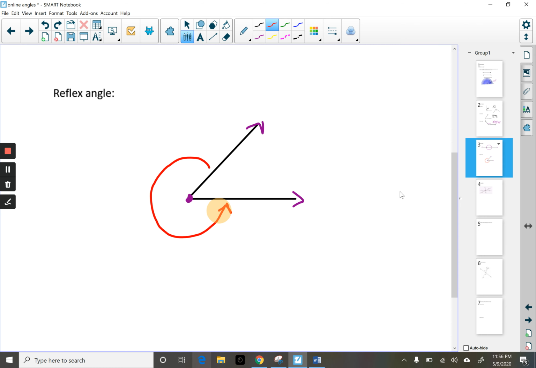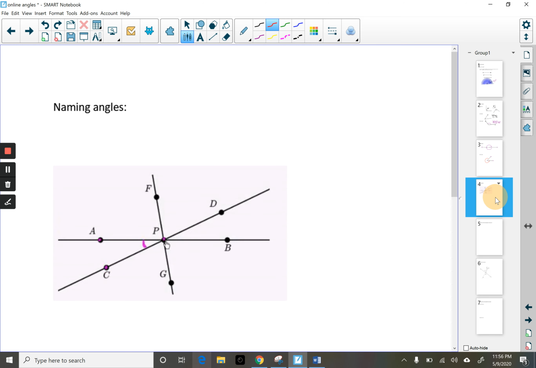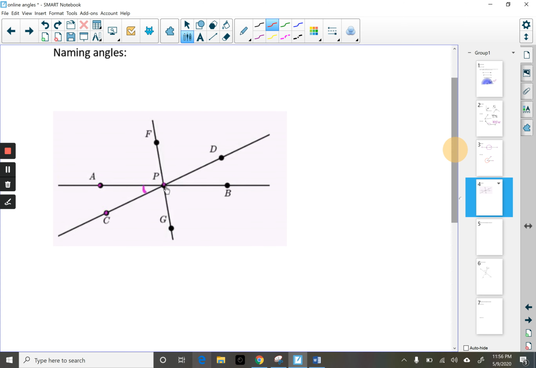Okay, so let's start talking a little bit more about angles here. So let's talk about naming angles, okay? Now, I can't just say this angle's name is Bob or Jim or Emily or something like that. We're going to actually name these angles based on the letters we see associated with them, okay? Now, the first thing I want to tell you about these letters here is they are capital letters.